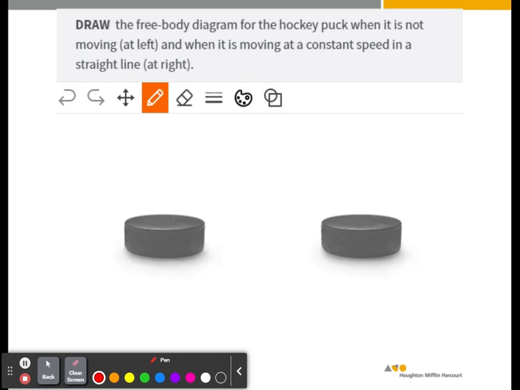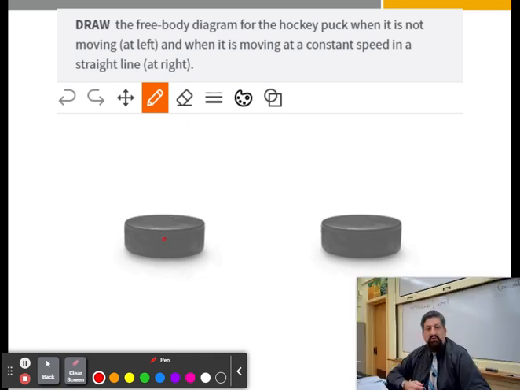So if we draw a free body diagram for a hockey puck that's not moving, a free body diagram includes all of the forces acting on that object. So we have the force of gravity pulling it down. The weight of the puck is pulling it down. And then the ice, the surface, is exerting an equal force in the upward direction.